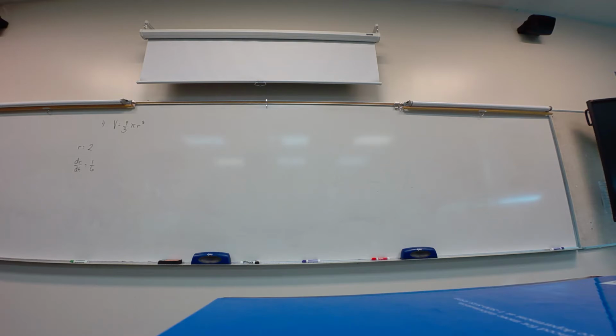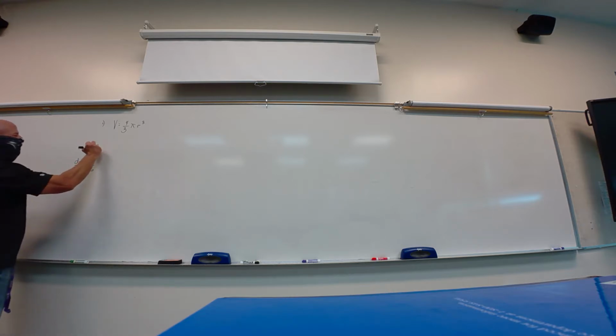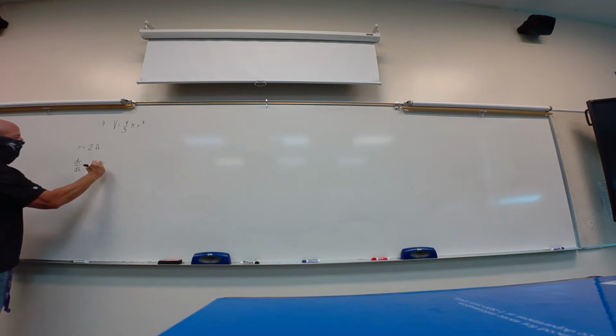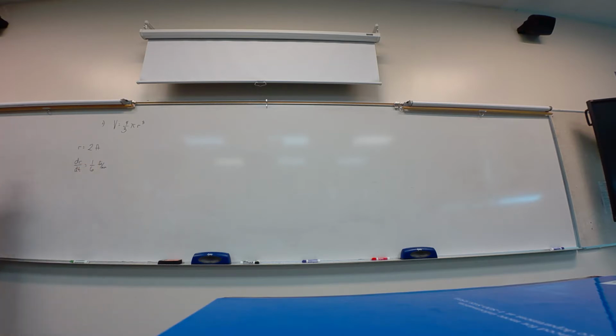It's changing. Okay? So it's increasing at 1/6 feet per minute, right? Well, there's your time. So we know that the radius is 2 feet, and this is feet per minute. So that's how I know when I said dv dt, dr dt, I knew it was with respect to time.